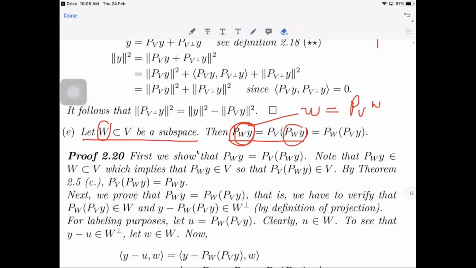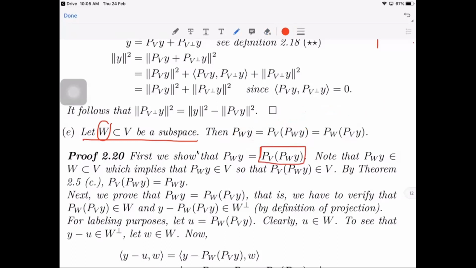So if it is a projection, we need to show two things. First, PWY is in V. And then Y minus PWY is in V perp.